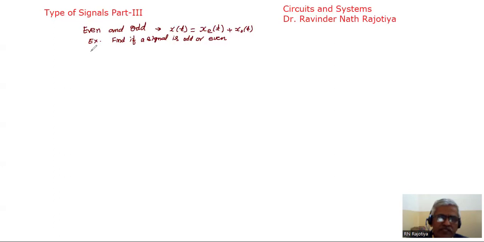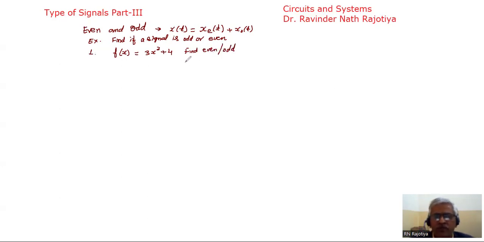For example, example number 1: you are given f(x) = 3x^2 + 4. Find whether this signal is even or odd.